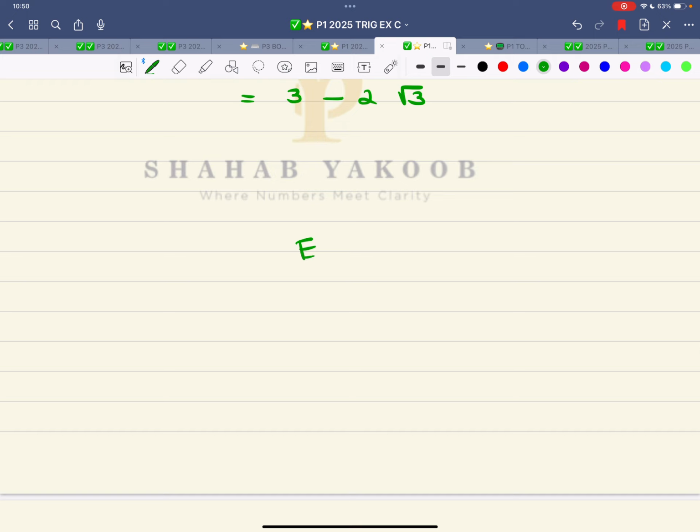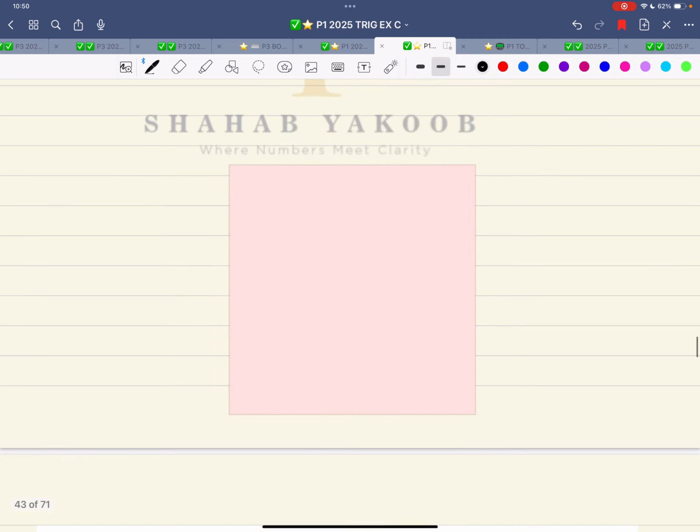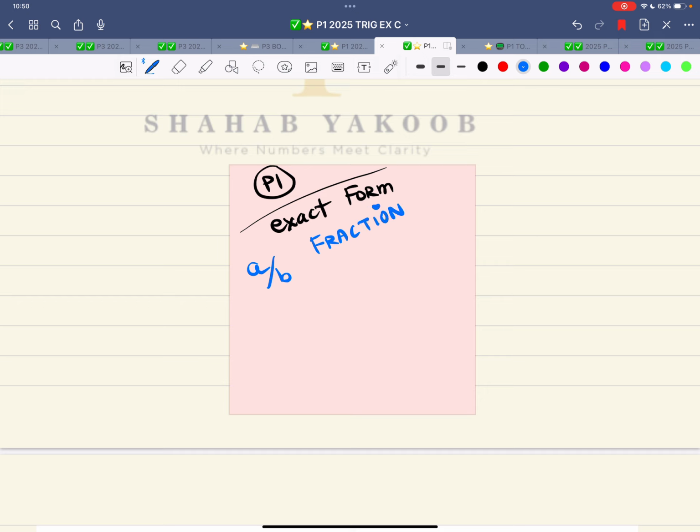Now always remember, let me put a note over here. So let me grab this page and let me write over here. When we are talking from the perspective of P1, when they use the word exact form, it means three things. The first one, writing the answer in fraction, that is the exact form. This is also applicable for S1, probability, permutation, combination, and so on. The second thing, when we write anything in the surd form, that is exact.